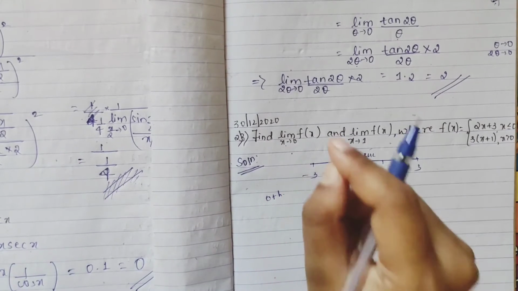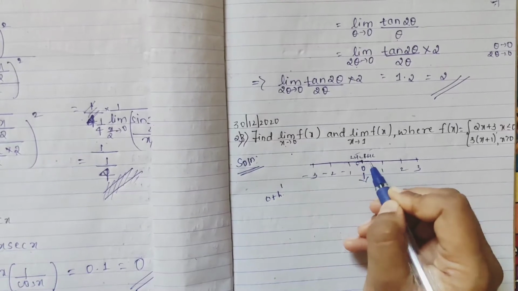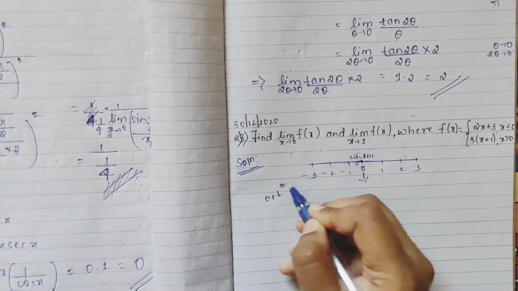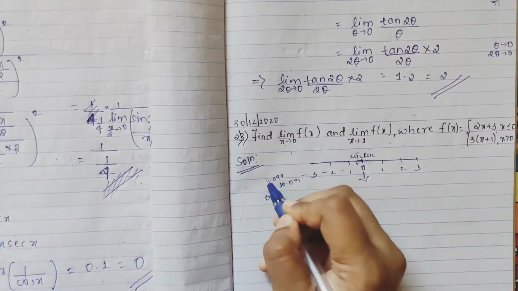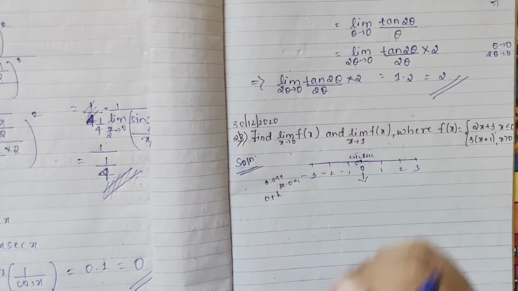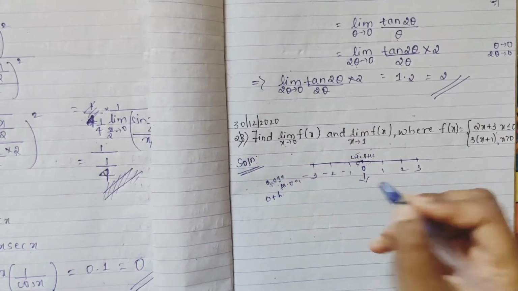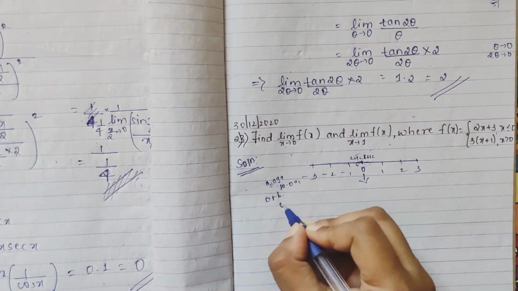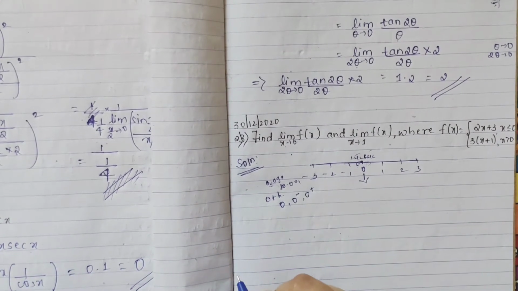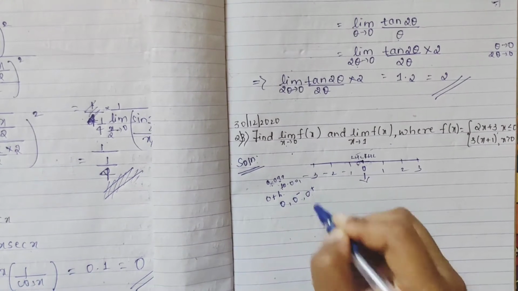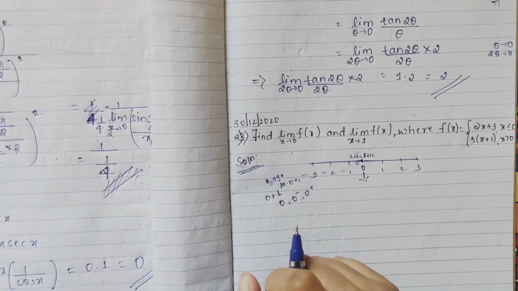And it should be a very small number, like 0.001, or 0.099, so minute. Why do we take this instead of 0 itself, right? So at 0, if the left hand limit and right hand limit, these 3 values, are the same, then you can tell the limit exists at this point.